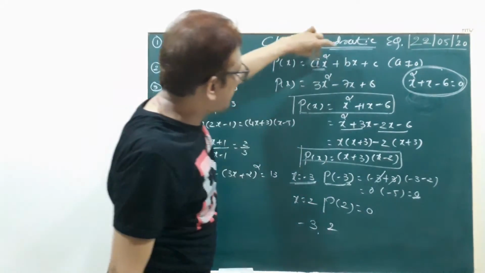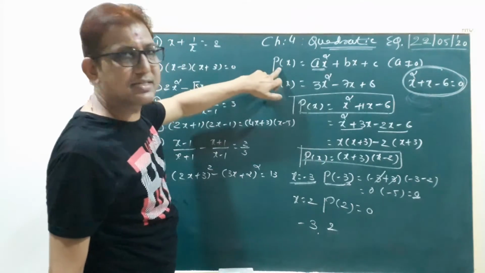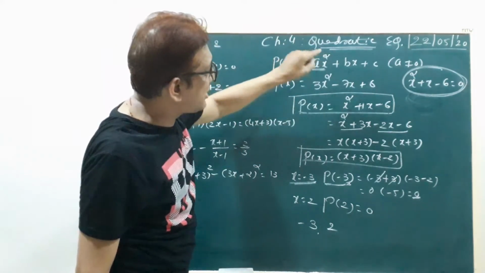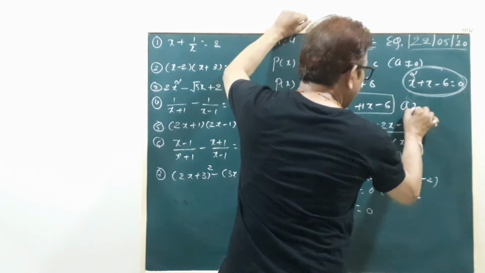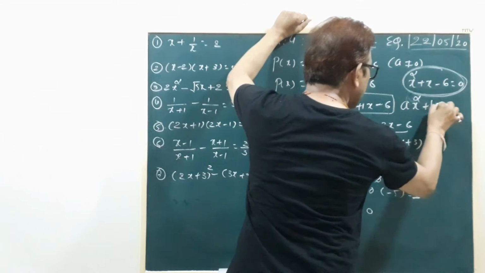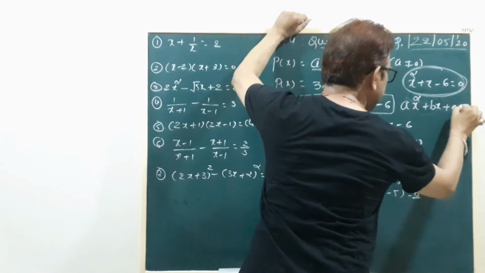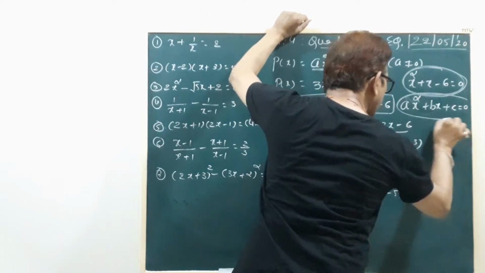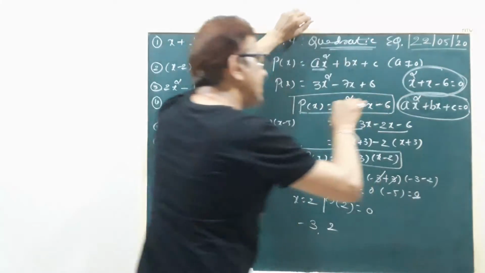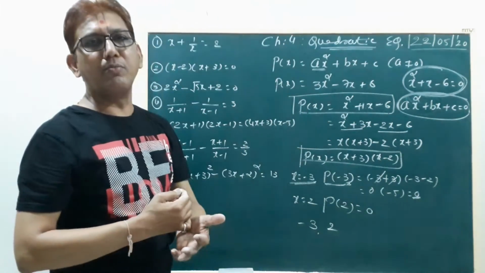The earlier one is the quadratic polynomial form. So ax square plus bx plus c equal to 0 is the quadratic equation form.